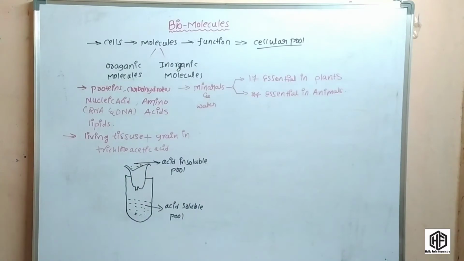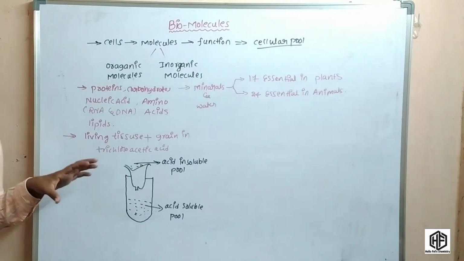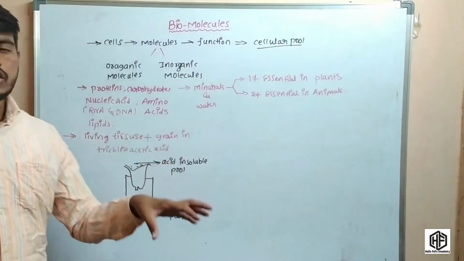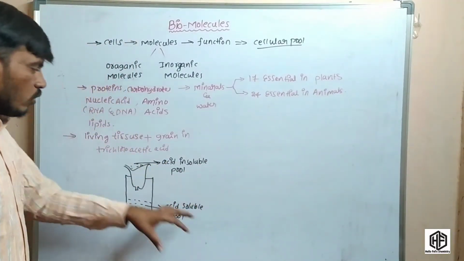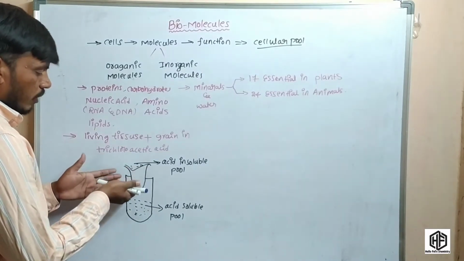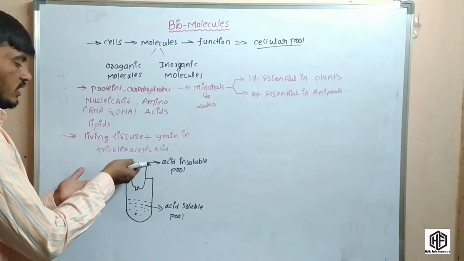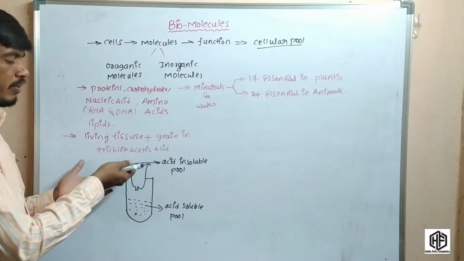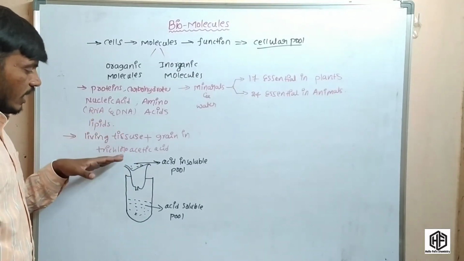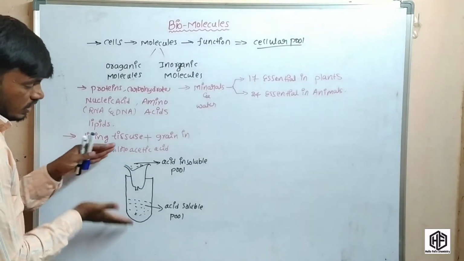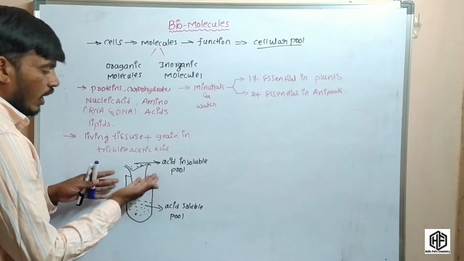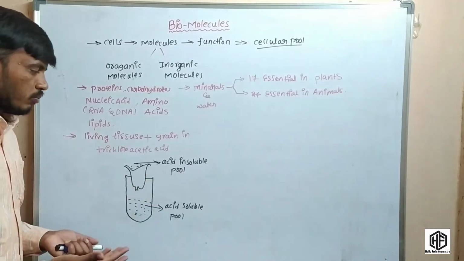This is one experiment, in which the living tissue is ground in trichloroacetic acid. This is the beaker containing a conical flask, with a filter paper given there. When the living tissue is in trichloroacetic acid, two parts are separated: one is the acid soluble pool and the other is the acid insoluble pool.